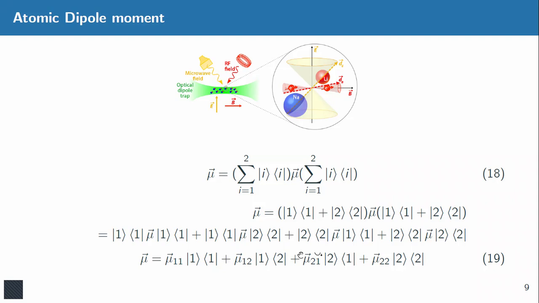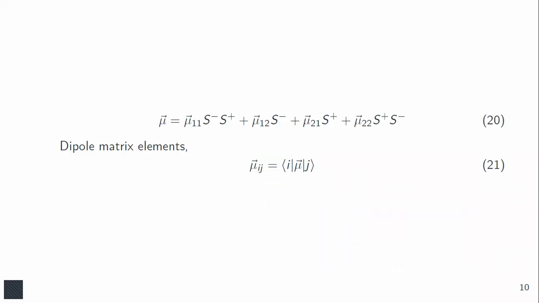This is due to the induced dipole moment when it arises due to the change in dipole moment of the overall atom, as the transition changes the overall size of the atom. So we could write equation 19 in terms of the spin up and spin down operators. This is given in that form.